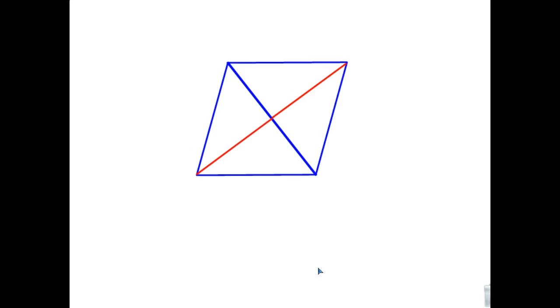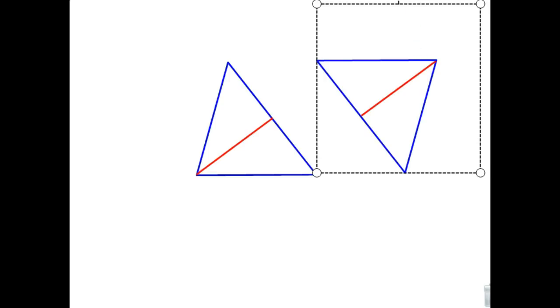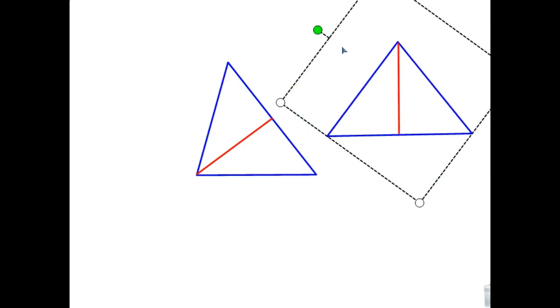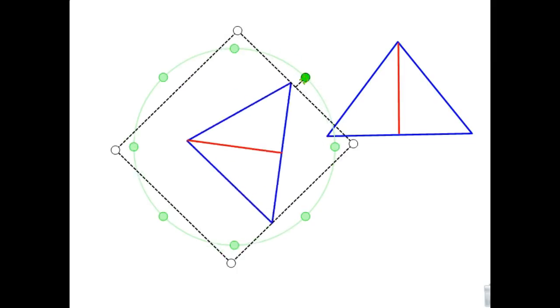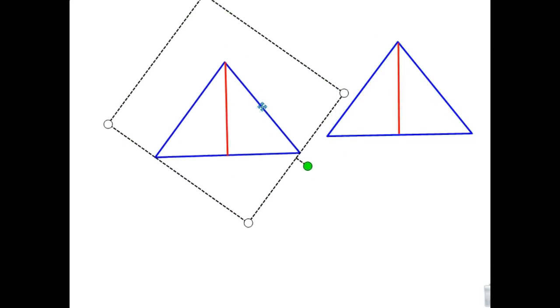Now, as far as where that formula is coming from, if I have a rhombus with the diagonals, basically what I can do is pull it apart and turn it into two triangles.